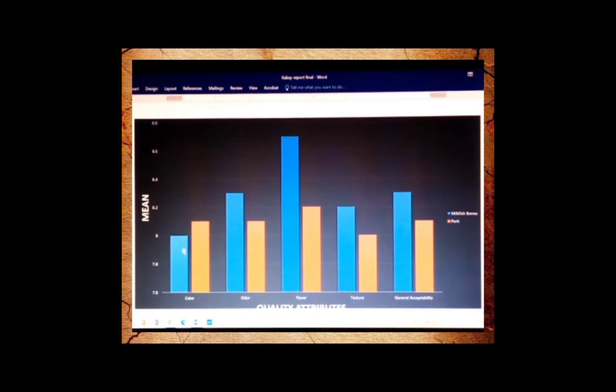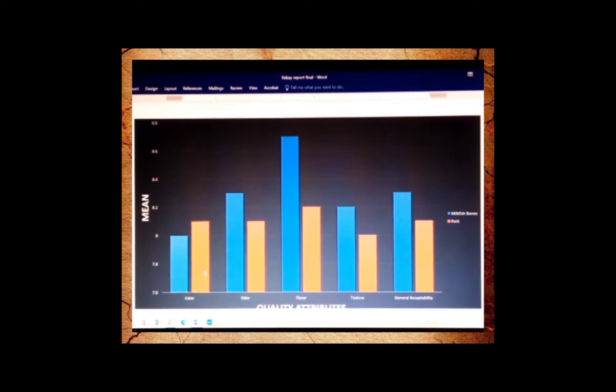So in the quality attributes, we have color. The mean x1 of color is 8.0, so we need to go up to 8.0 to make a bar. The mean x2 of color is 8.1, so we are going to go up to 8.1 to make a bar.